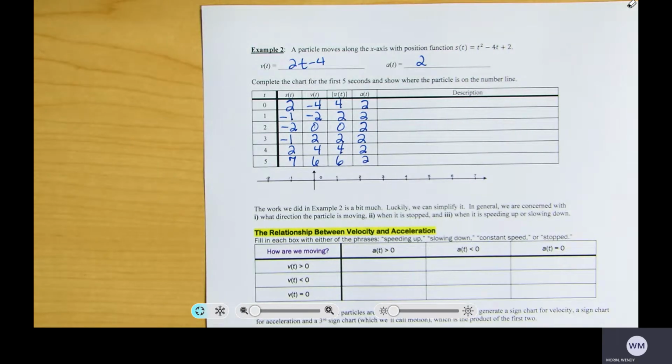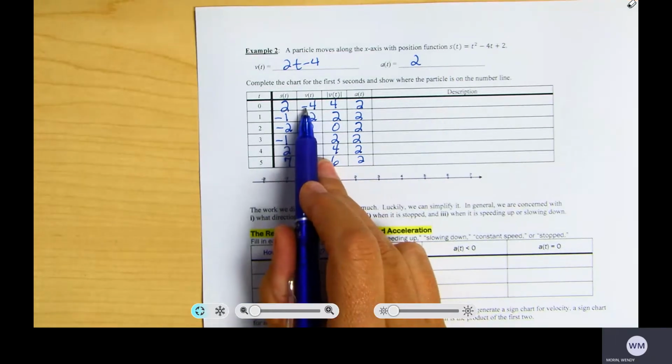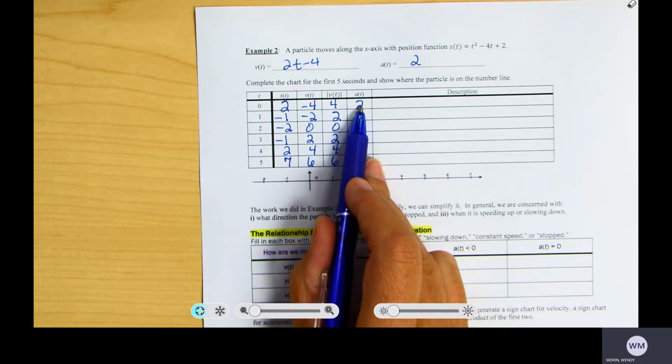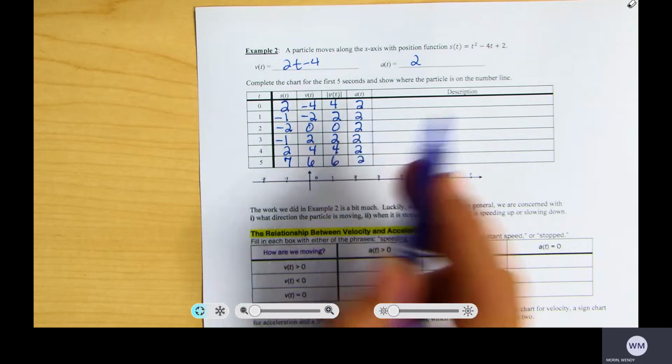What does all of that mean? What does this mean? You are moving to the left, but this means that you are being pulled to the right.